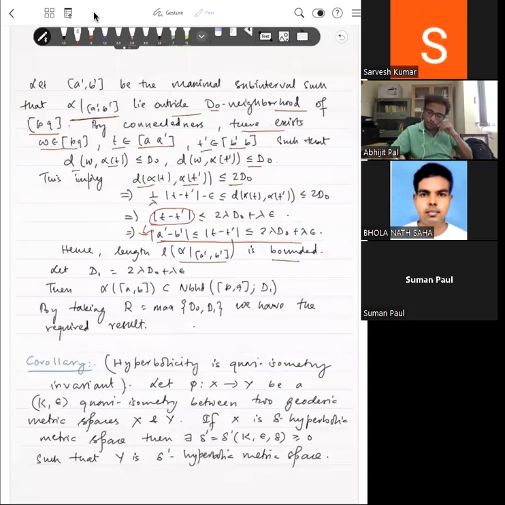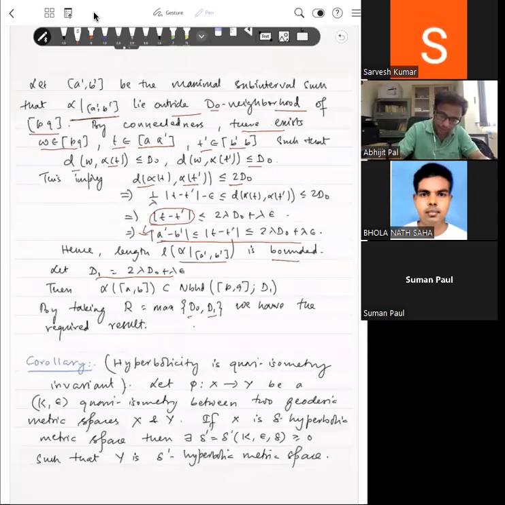Now D1 is this thing: you take R to be the maximum of D naught and D. So this is the stability of quasi-geodesic.